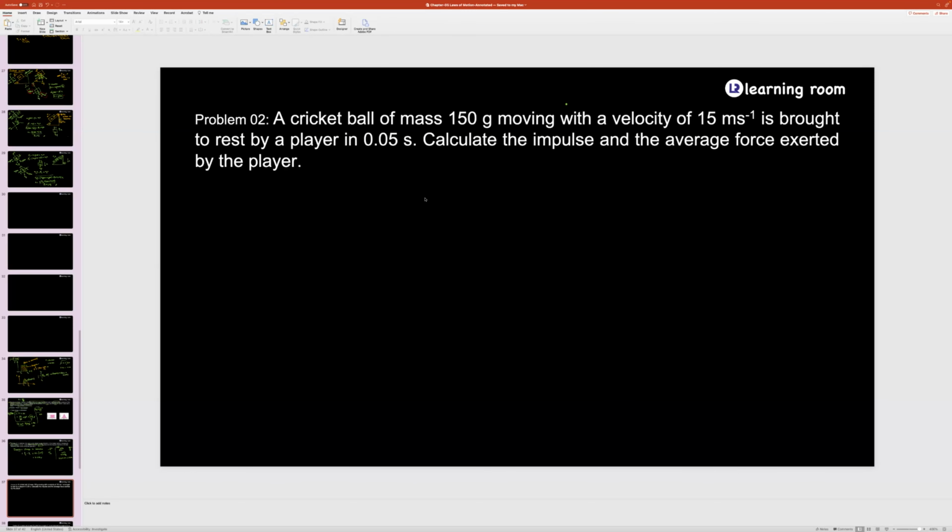Calculate the impulse and the average force exerted by the player. What is the impulse?